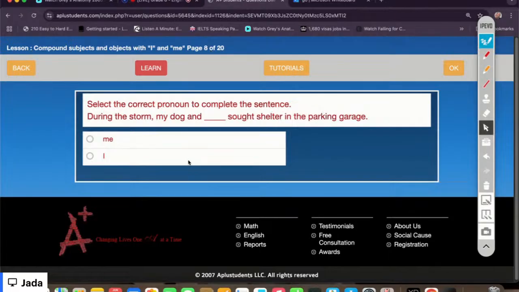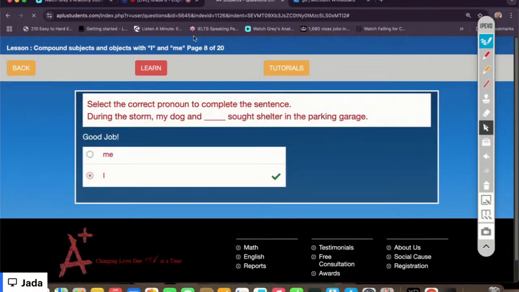Okay, so my dog and I sought shelter in the parking garage.